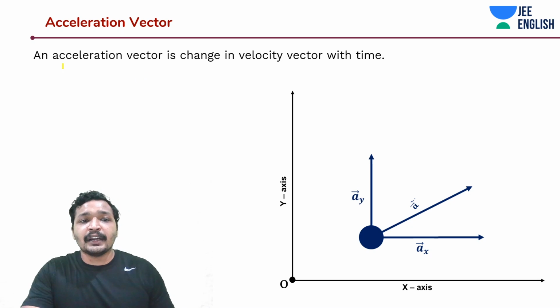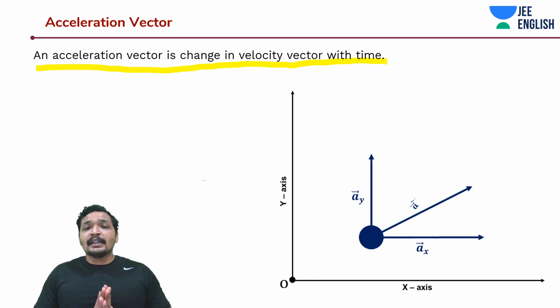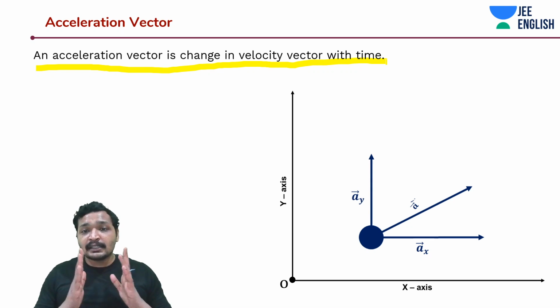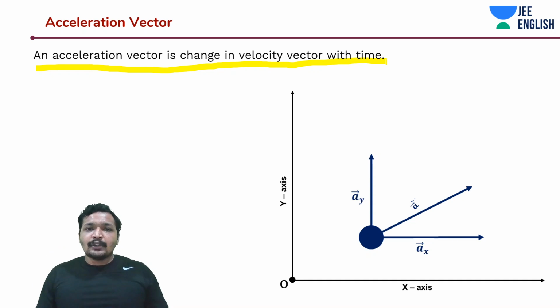So an acceleration vector talks about change in velocity vector with respect to time. So guys, if you know all these three, you will be able to exactly determine the position in a kinematics motion. And it is important that you resolve it for calculating it for any of the 2D motion. So a 2D motion is no different than a 1D motion, where you are going to solve this equation in 2 dimensions or along 2 axes.